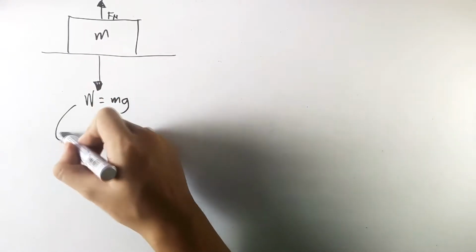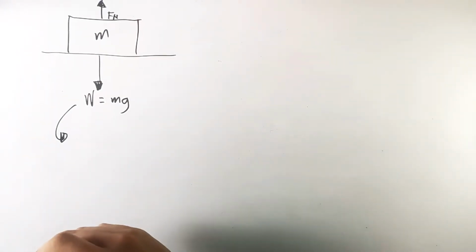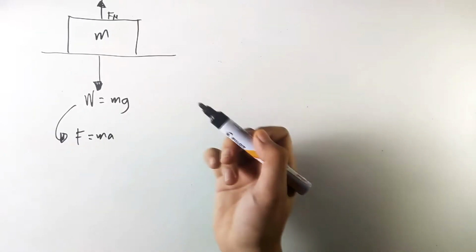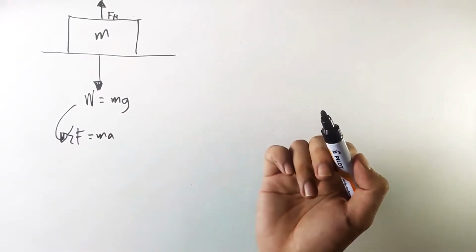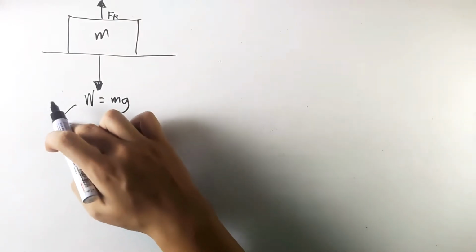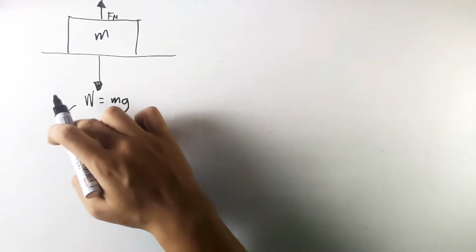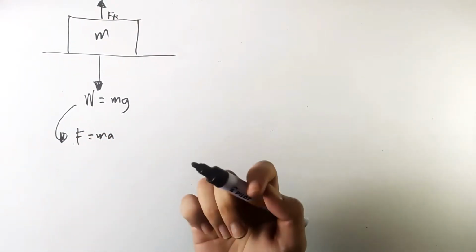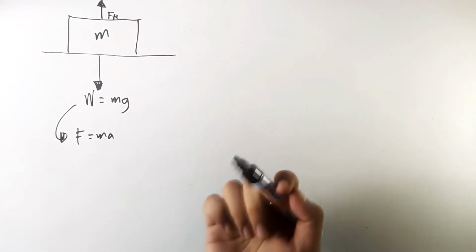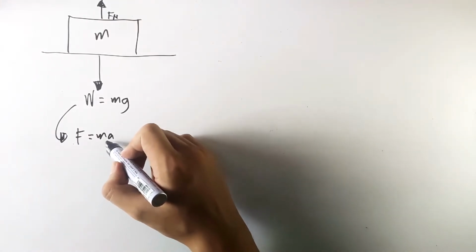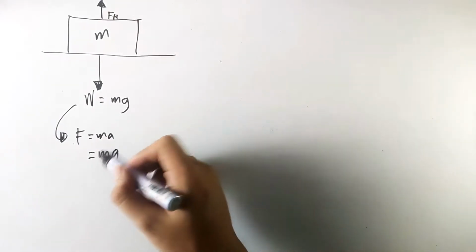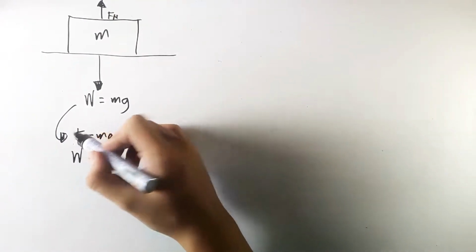If you remember from the previous equation that I have shown, F is equal to ma, or you can say summation of F is equal to ma. Since we're dealing with massive objects resting on certain things, we're going to replace a with g, so it will become W equals mg.